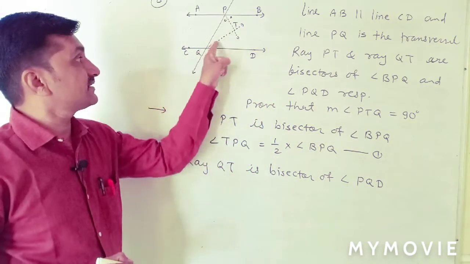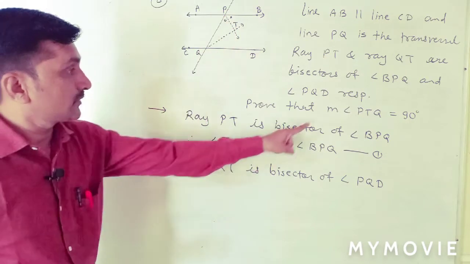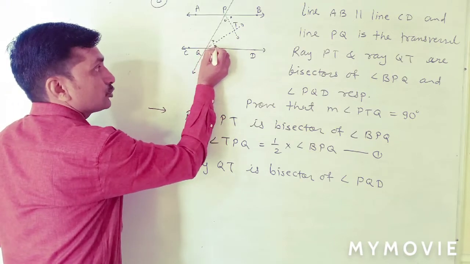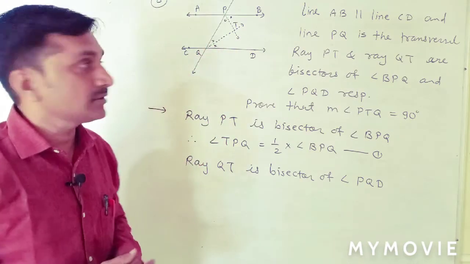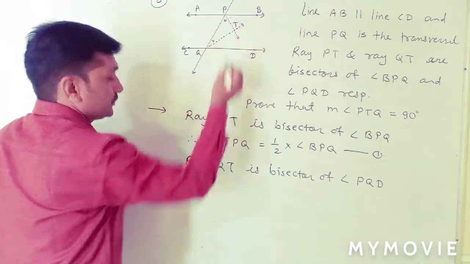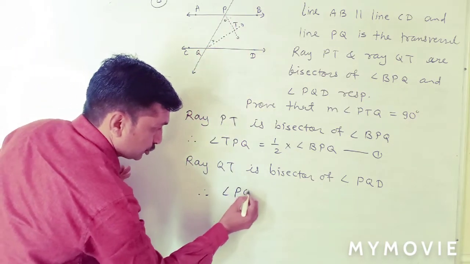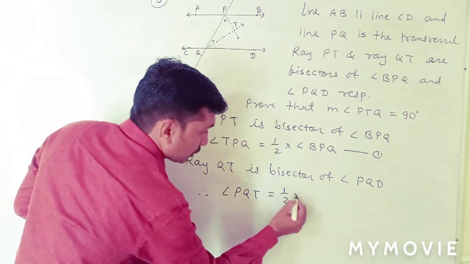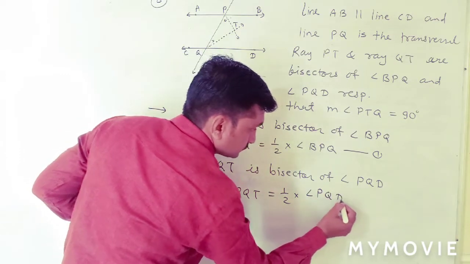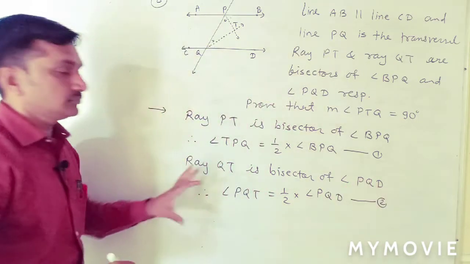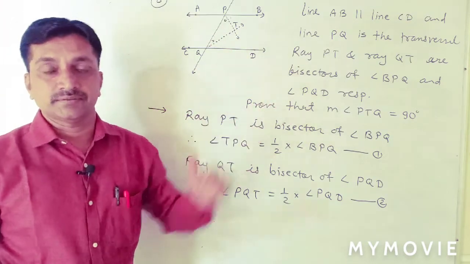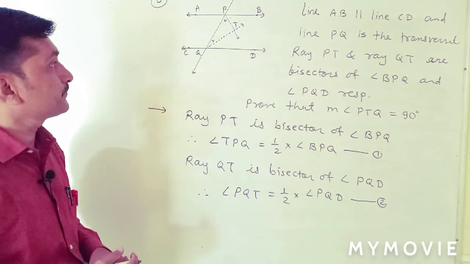Here also these two angles are congruent, angles formed by the bisector, but here also we will take the interior, PQT. Therefore angle PQT is half of angle PQD. Number 2.